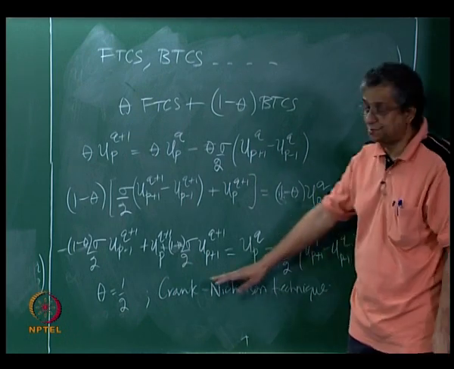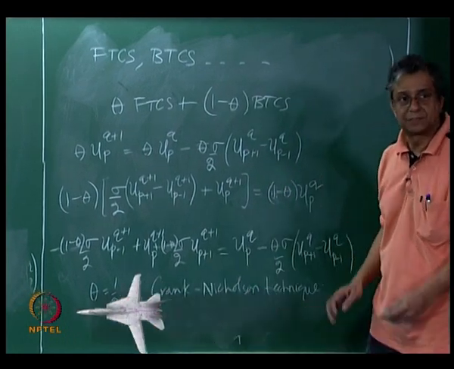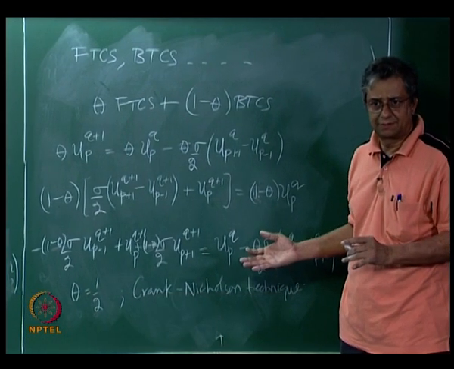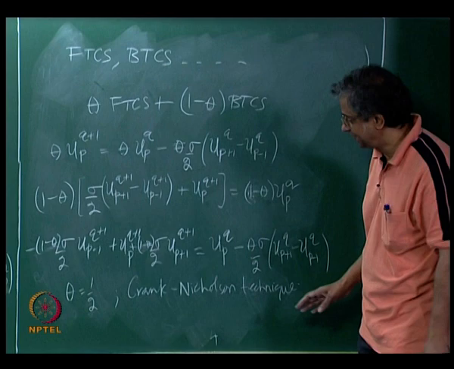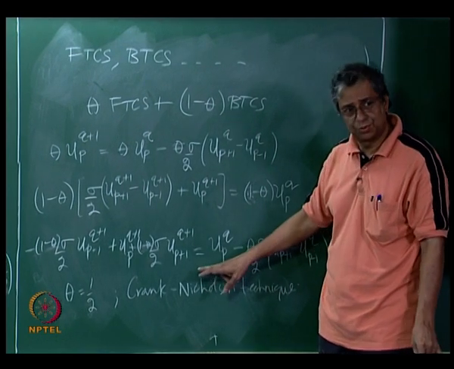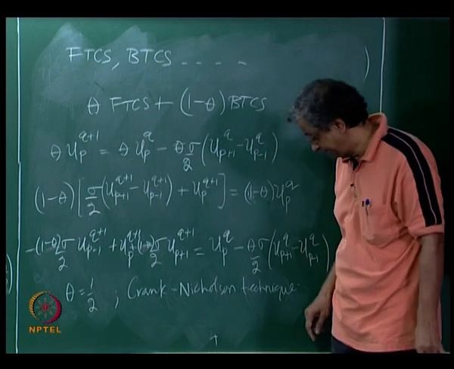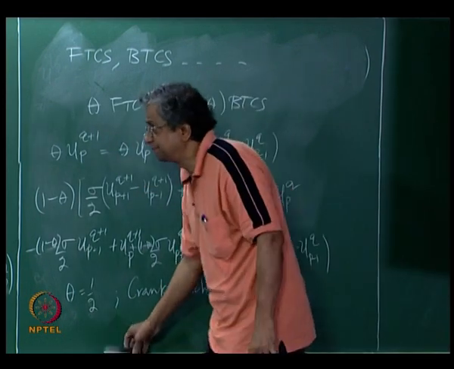But here you would have to solve a system of equations, but clearly you can take various values of theta. I would suggest that you try to do the stability analysis for this, and for the two-step Lax-Wendroff method.